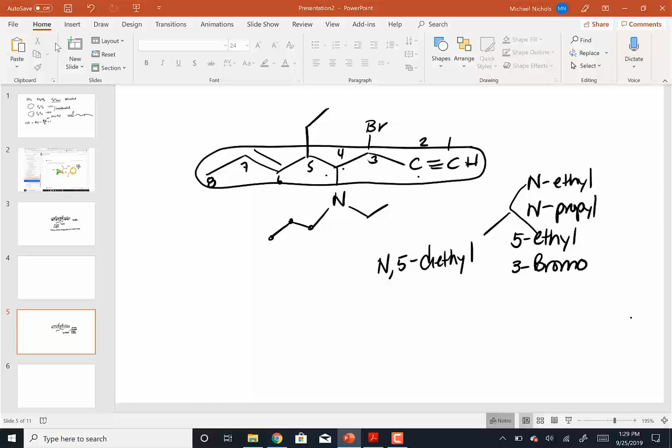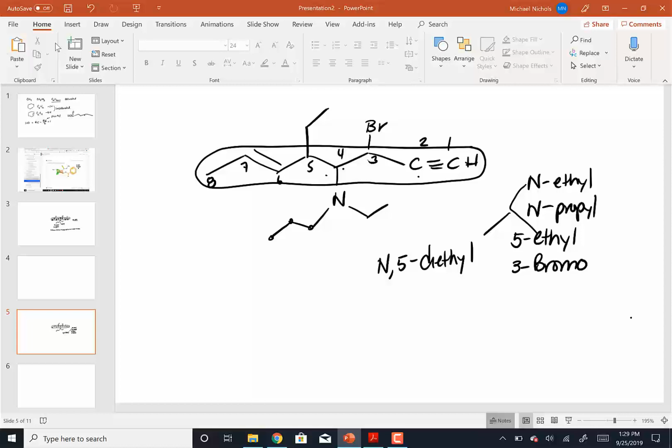So we can have N's mixed with numbers if we have the same substituent. Okay, so we gathered up similar substituents before, and now we're going to gather them up, but one would be an N, and then the other would be 5.